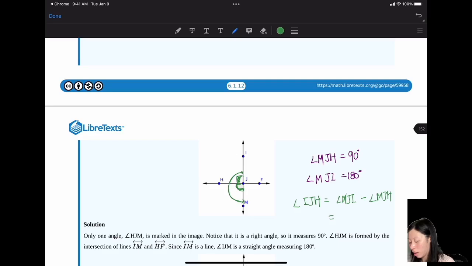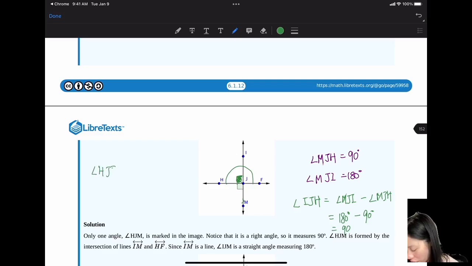We know that the straight angle equals 180 degrees, and then we have a right angle, MJH, 90 degrees. So this one equals another 90 degrees.